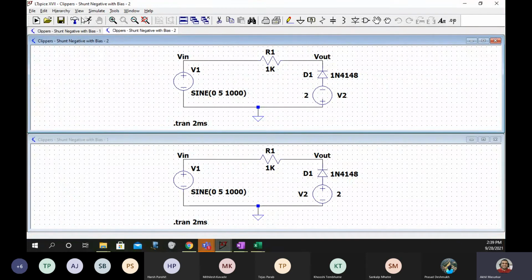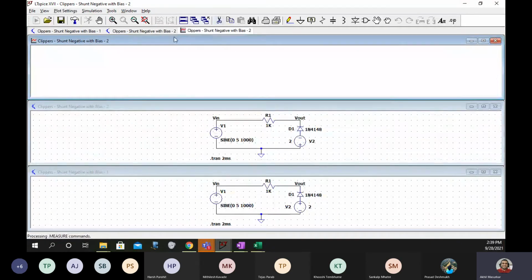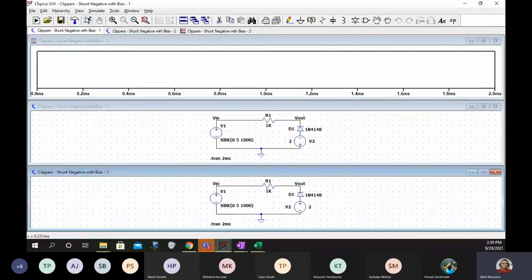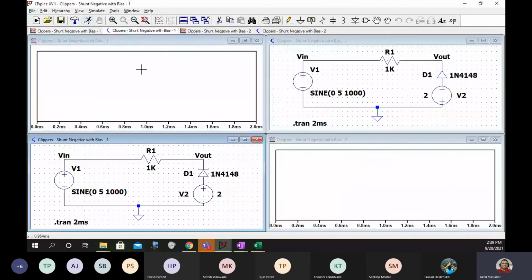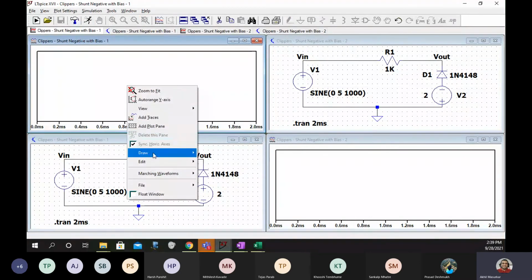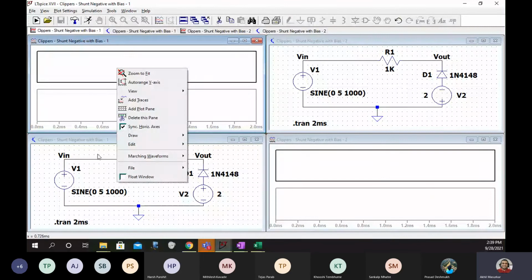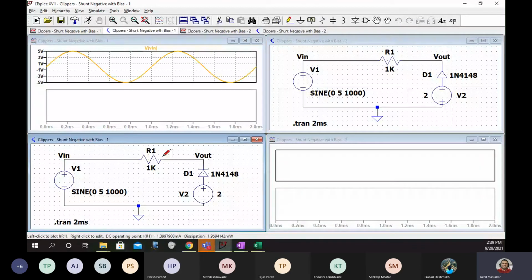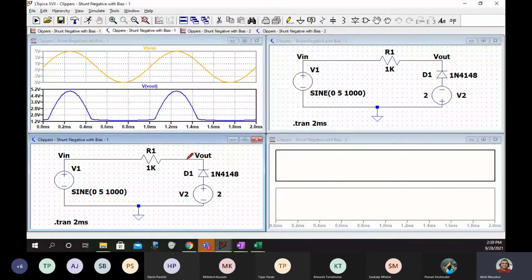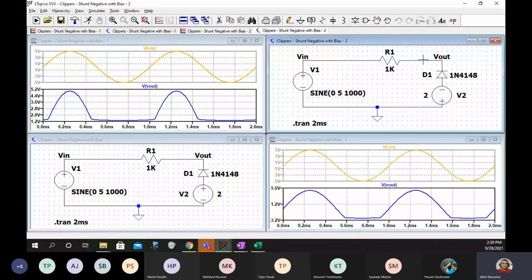I'm taking two at a time. Input and plot the output.